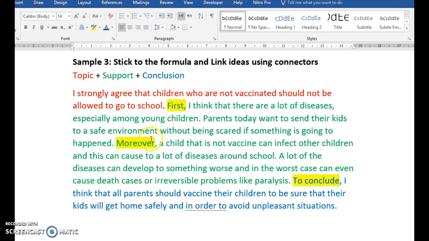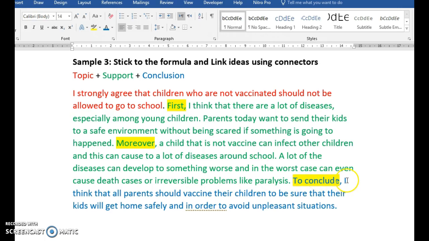And here we have some connectors. First, moreover, to conclude. It helps the reader see, this is the topic sentence with the idea and my opinion. First, moreover, another reason, and here I can see that it's conclude.